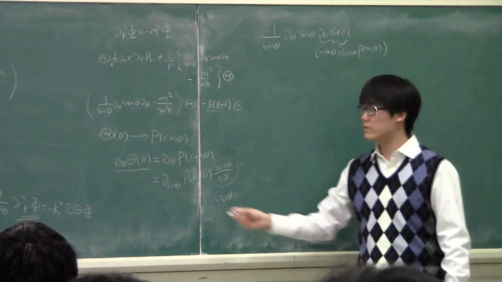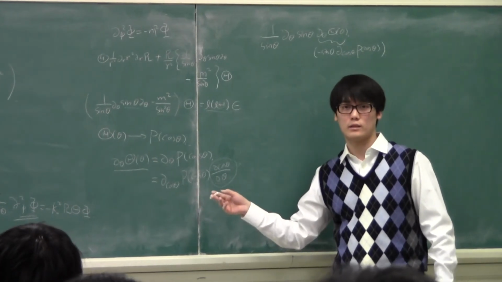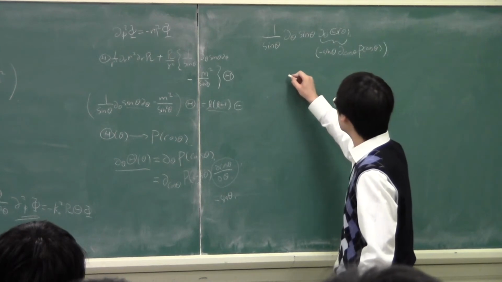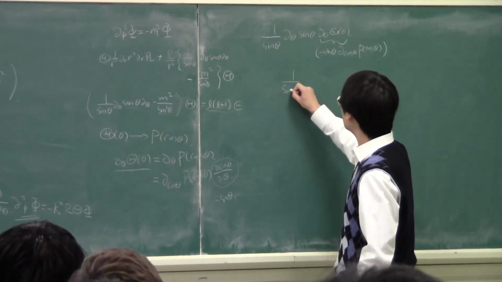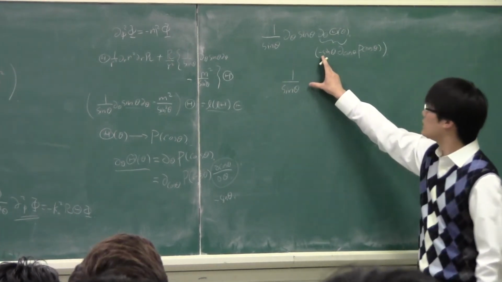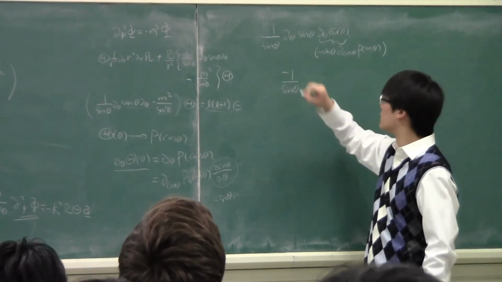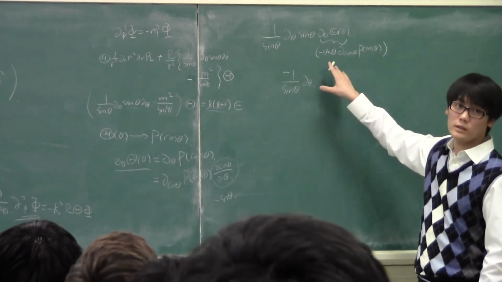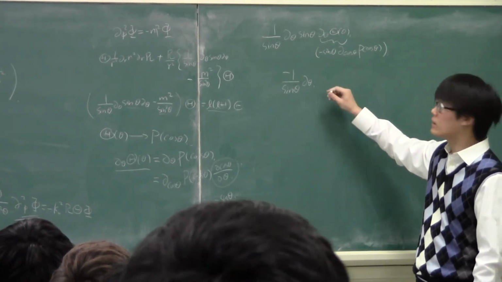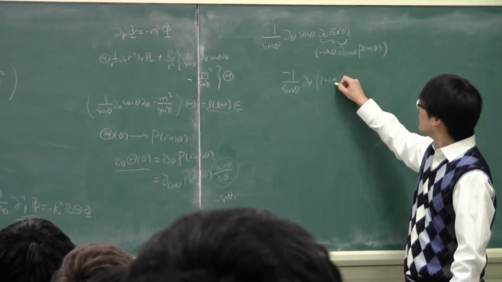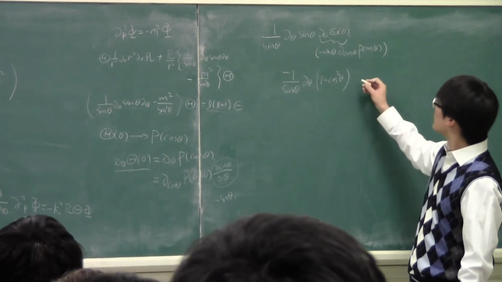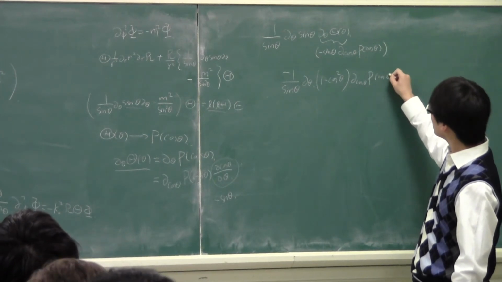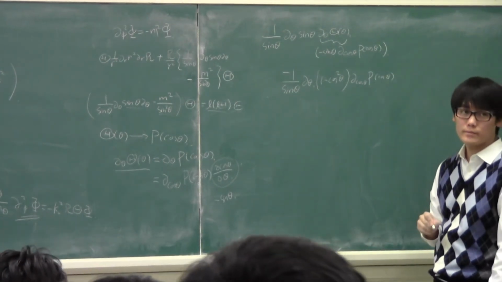Okay? As we have shown over here, this is okay. Right? Everybody is okay with this? An application of the chain rule. Okay. So then it turns into 1 over sine theta. Let's take this minus sign outside. Put it here. d theta sine squared theta is just 1 minus cosine squared theta. Okay. And then it's d cosine theta P of cosine theta, correct?